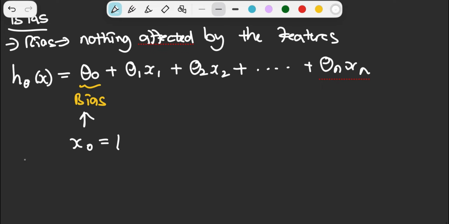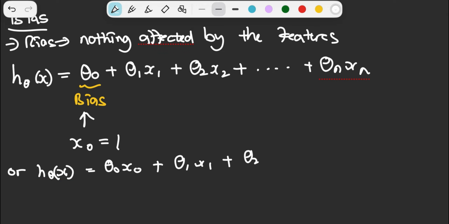So you can also write this as h theta of x equal to theta 0 x0, and we already know that for every case x0 will be 1, plus theta 1 x1 plus theta 2 x2 plus dot dot dot, plus theta n x n.